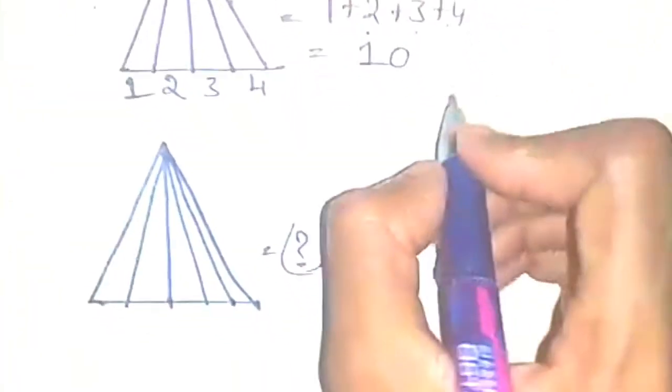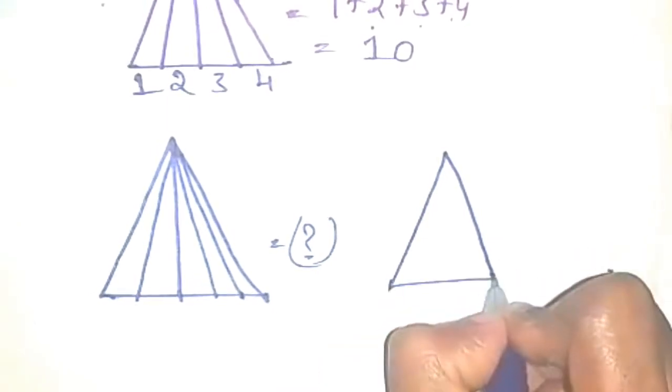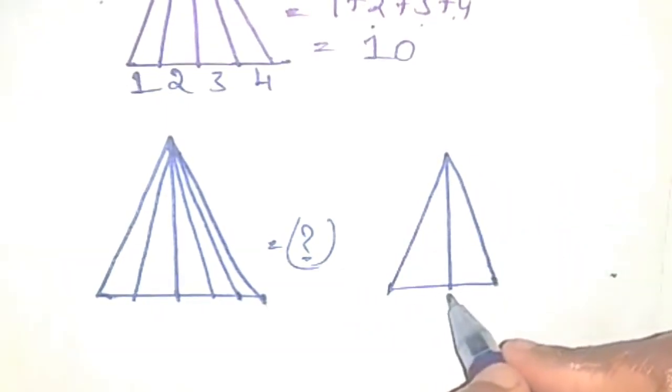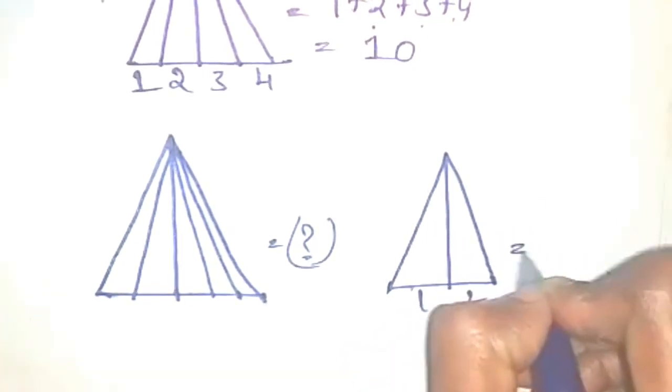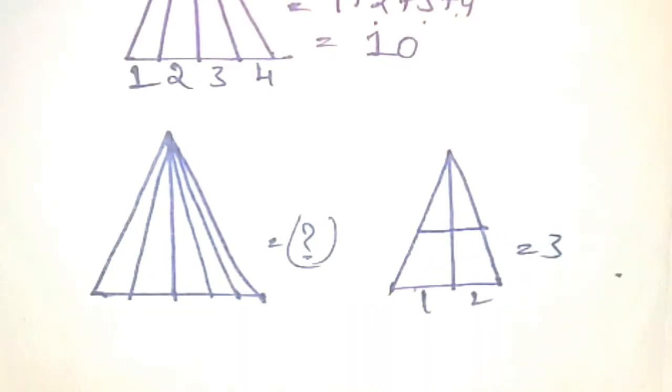And one more method is there in triangles, that is, for suppose if a triangle is there like this. Previously we know that this triangle has 3, right? If I divide like this, now tell me how many triangles are there.